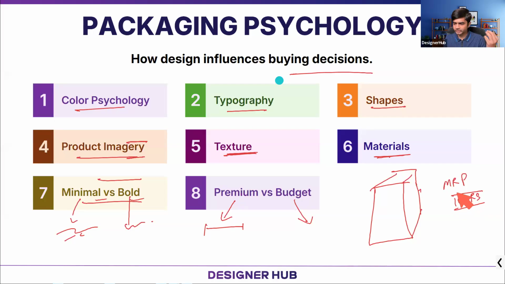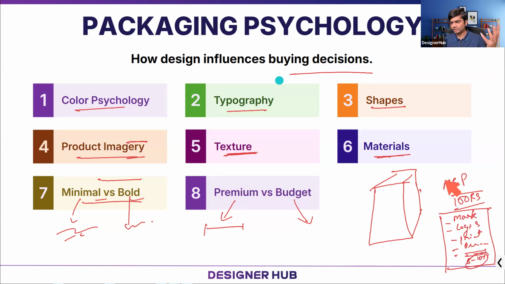In that 100 rupees, remember, he has to put marketing cost, logistics, your printing cost, your design cost, and the shelf cost, and all of those costs, with his profit margin of maybe 6 to 10% being his total profit. Net profit, I'm telling. Gross profit might be like 30 to 40%. Net profit might be 8 to 10% itself.